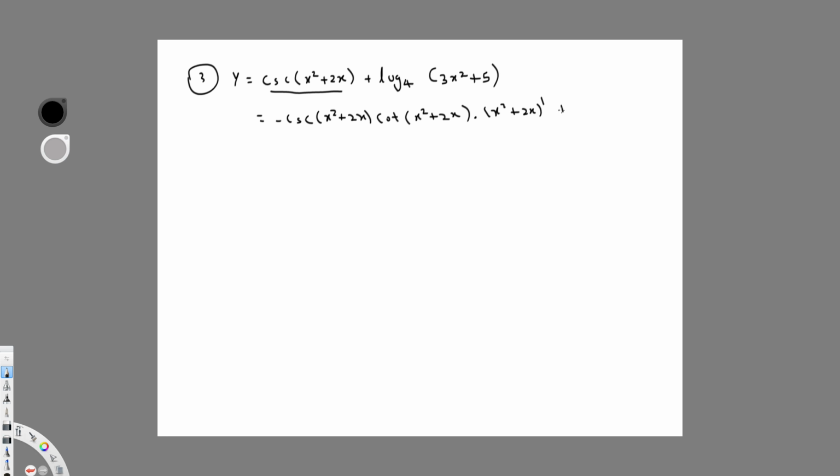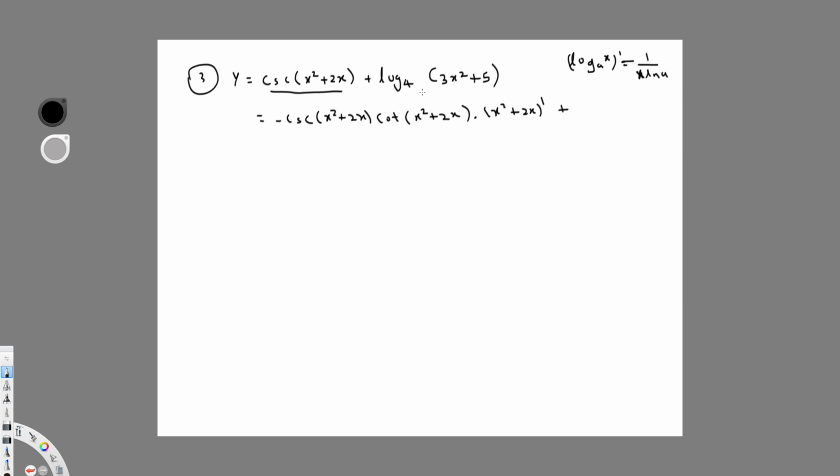Then the other side is log base 4 of 3x square plus 5. For the log, it's going to be like this. For example, if I say log base a of x, and I find the derivative of this one, it's going to be 1 over x ln a. So I have to use the same format for this one.